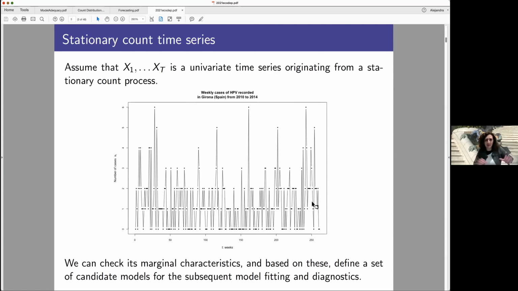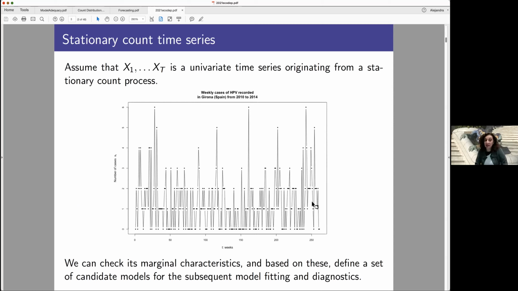Let's begin with what a count time series is. Imagine we have a series of observations, x1 to xt, from a univariate time series that originates from a stationary count process. There are many constraints here.